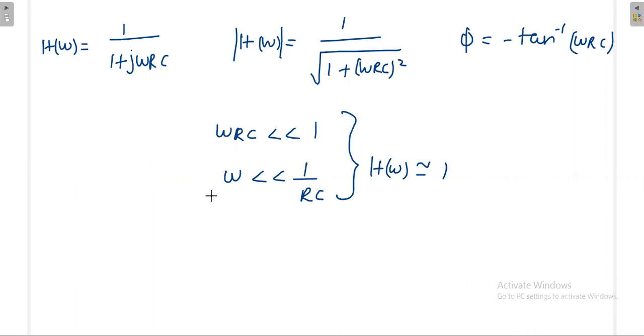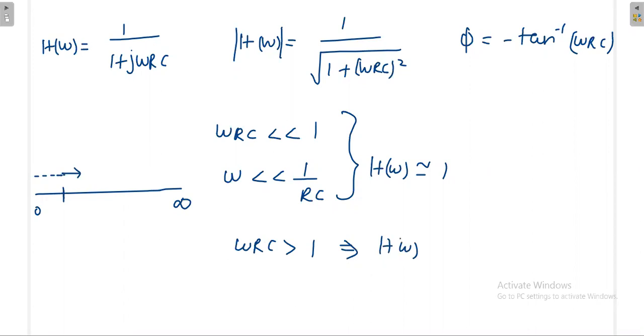But after some point, because you keep on increasing the frequency, say if this is the frequency scale, 0 to infinity, once you increase the frequency beyond a certain level, this omega RC term will dominate. If omega RC is greater than 1, then the gain will be less than 1.